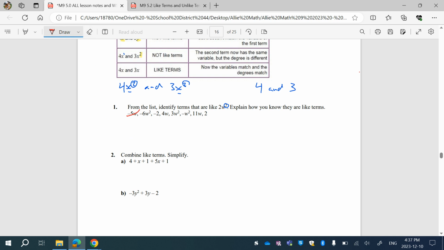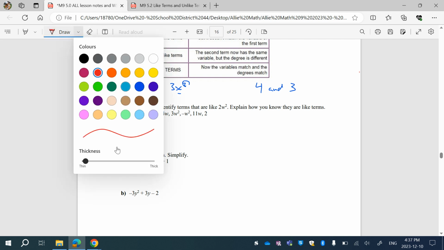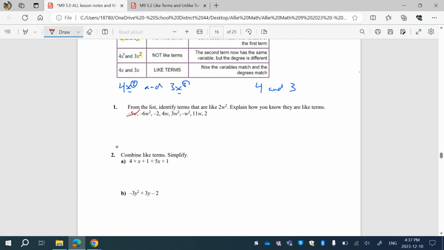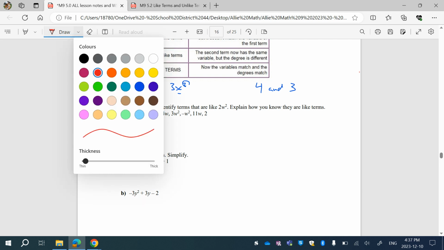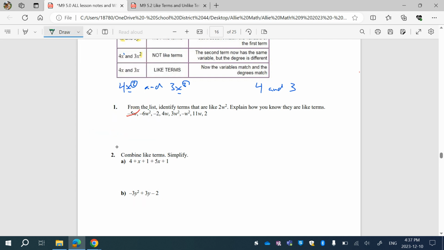Next, we have negative 6w squared. Okay, so we have the same variable, and we have the same degree, so that is going to be a match. Let's make that a green, and we'll circle it. There we go. So that's a yes.